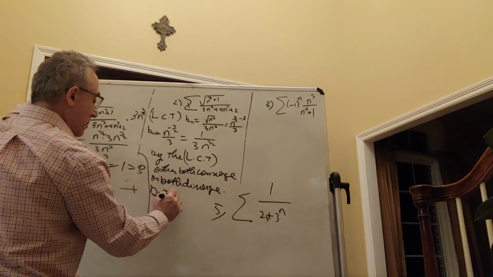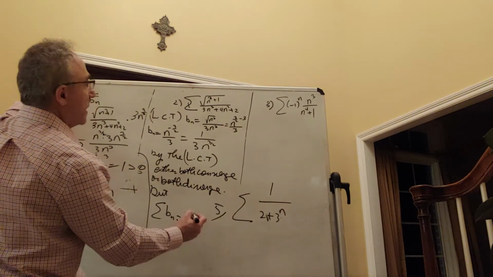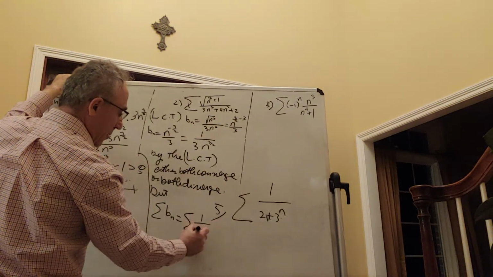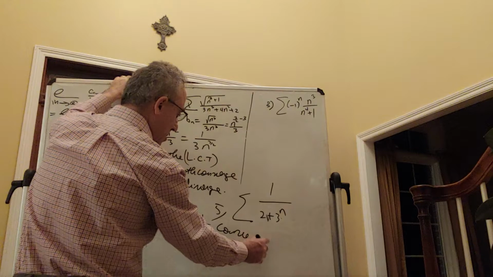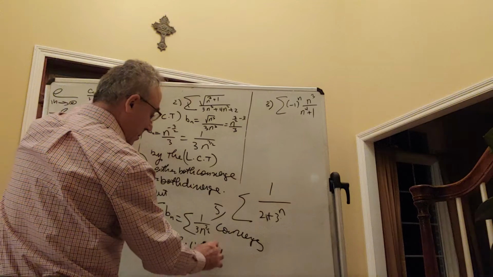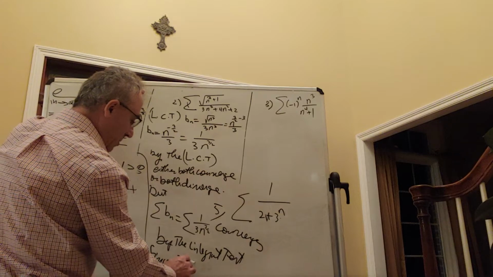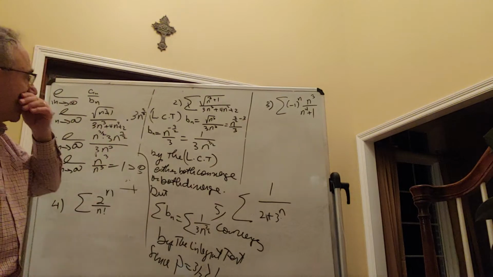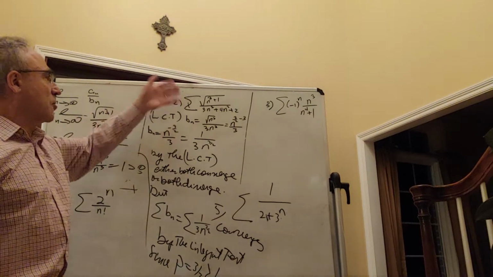But bn is 1 over 3n to the 3.5, and that converges by the integral test, since p is 3.5, bigger than 1. So we proved that this one converges, therefore this one converges.